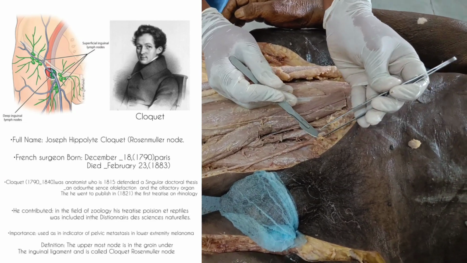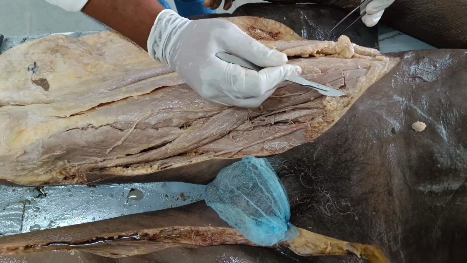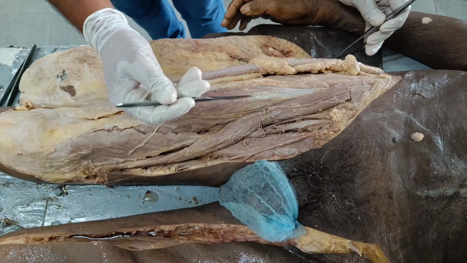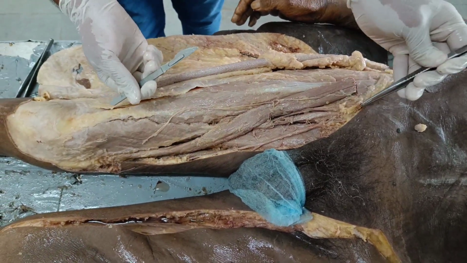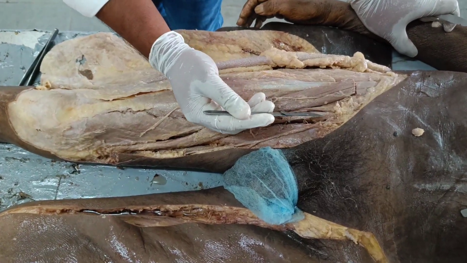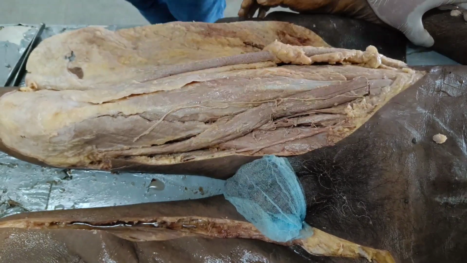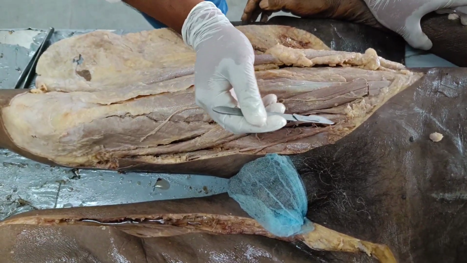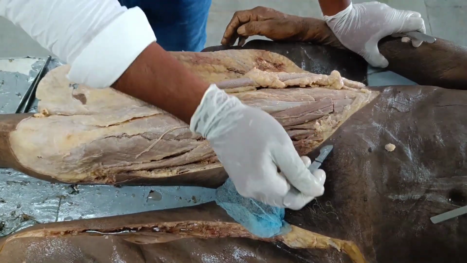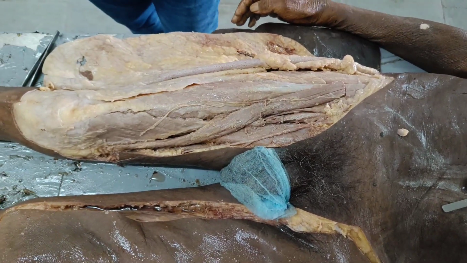This inguinal lymph node is T-shaped, with horizontal and vertical parts on each side. The vertical one is already dissected and removed. That is also known as the Cloquet lymph node, and its importance is that it gives an indication of metastasis of the pelvic region.